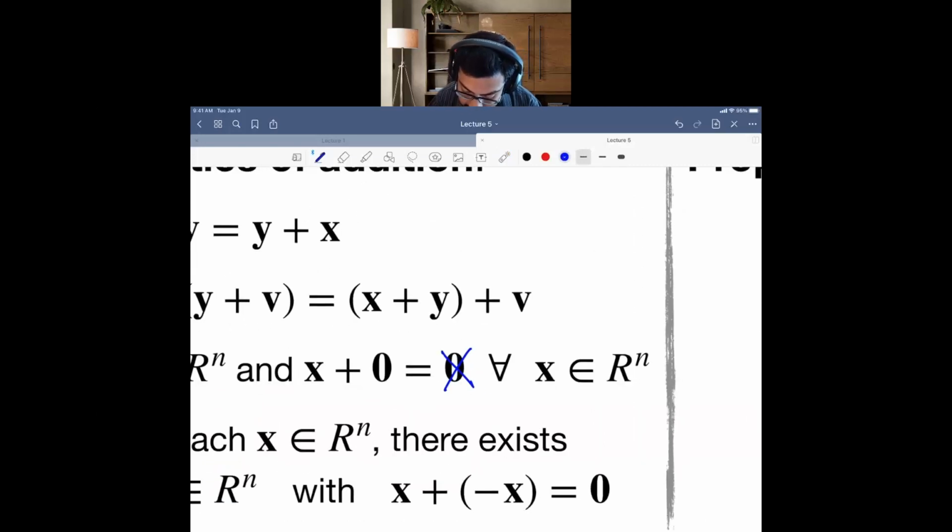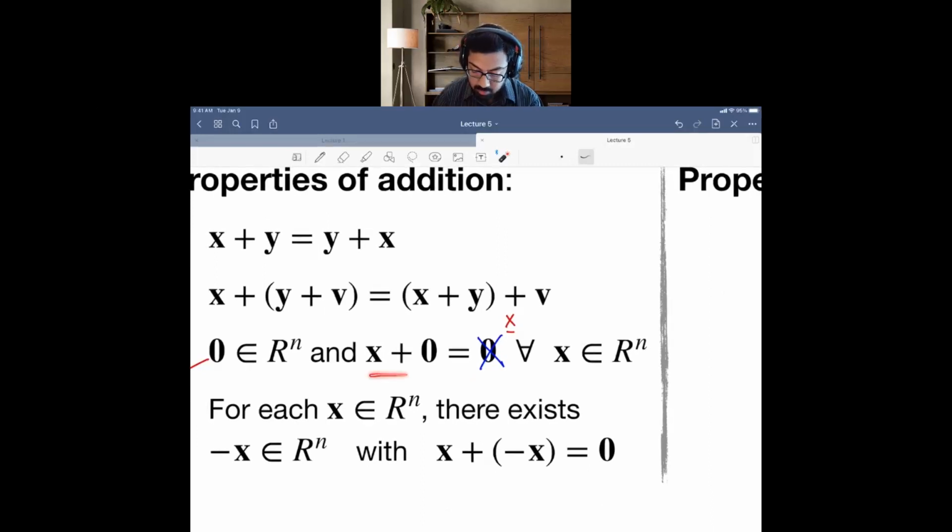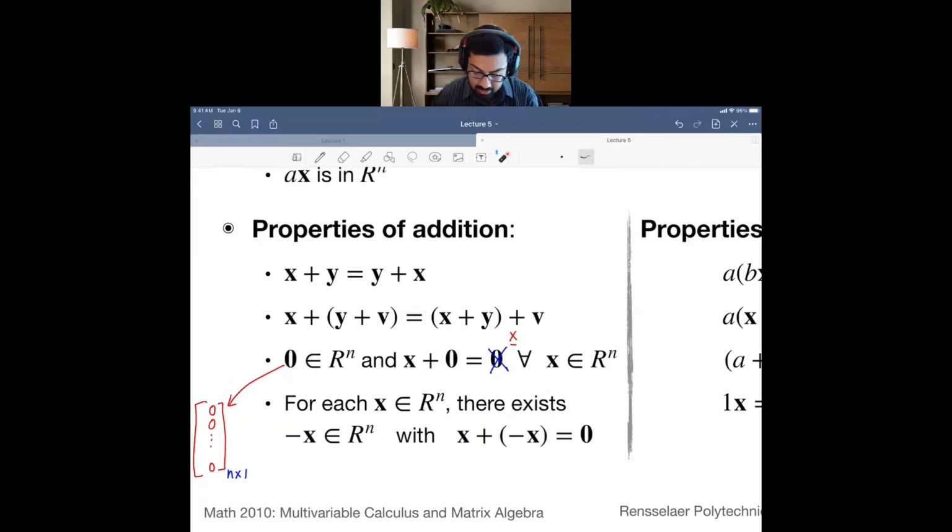This is going to be x. Let me write it in there. And just to indicate that this is a vector, I'm putting an underscore to that. So x plus 0 will be equal to x for all x that belongs to R to the n. Very easy to see that as well, because you're adding zeros to each element in that vector.